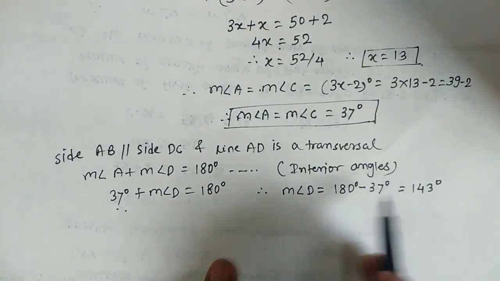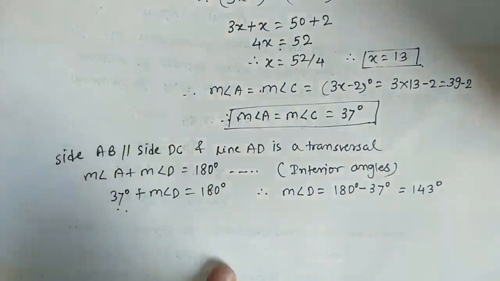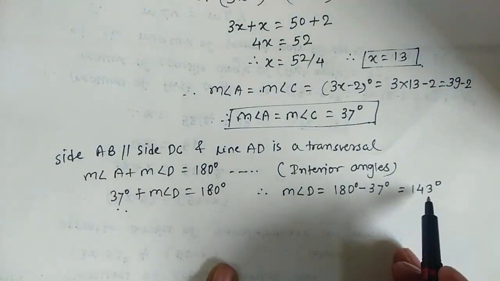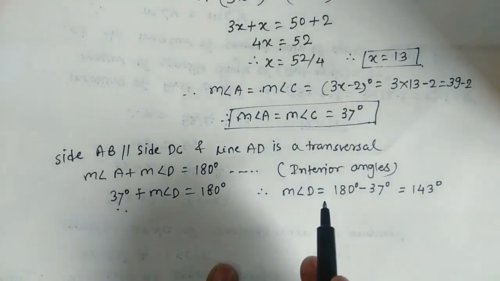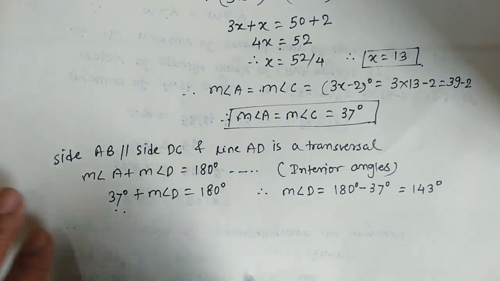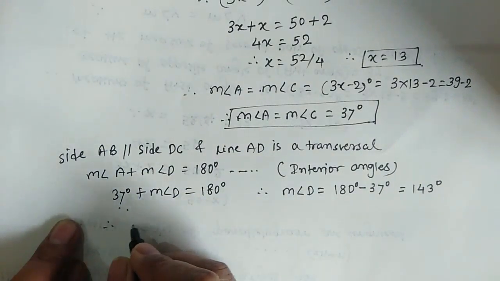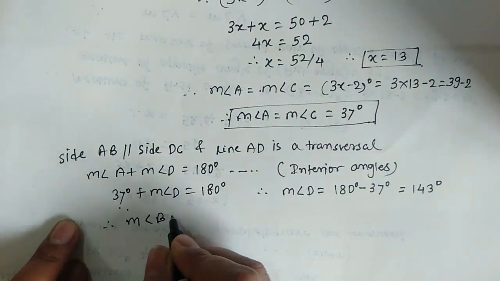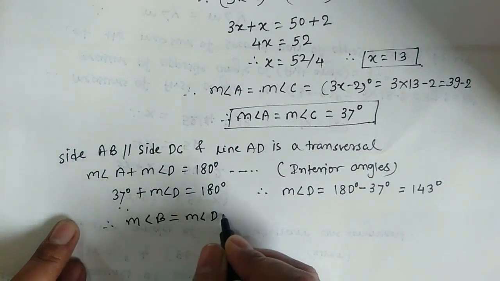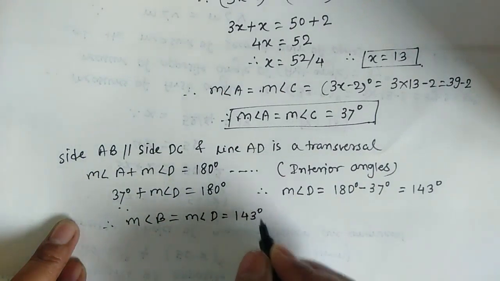So now we got the measurement of angle D. So measurement of angle B is also 143 degree because opposite angles of parallelogram are congruent. So therefore write down this, measurement of angle B is equal to measurement of angle D is equal to 143 degree.